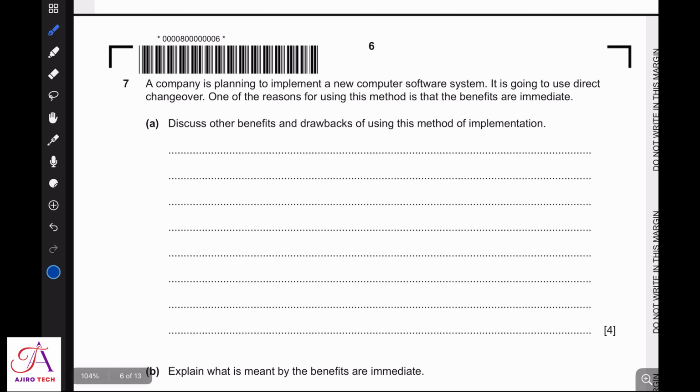Question 7. A company is planning to implement a new computer software system. It is going to use direct changeover. So I've said direct changeover here. So this is chapter 7, the systems life cycle, and this is under implementation.